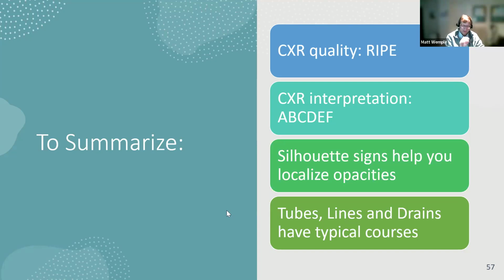It's a 200 slide set if you really want to dive in, and it allows you to jump from section to section, say if you just want to look at parenchymal abnormalities or pleural abnormalities. I have a link to that in this slide set, but maybe I can put it in the chat as well.